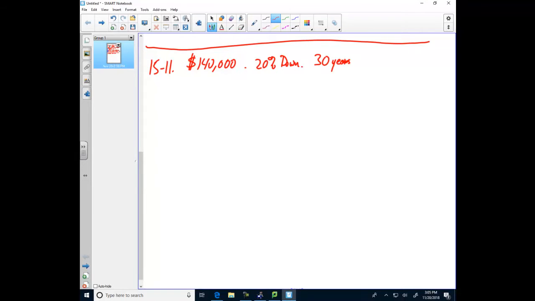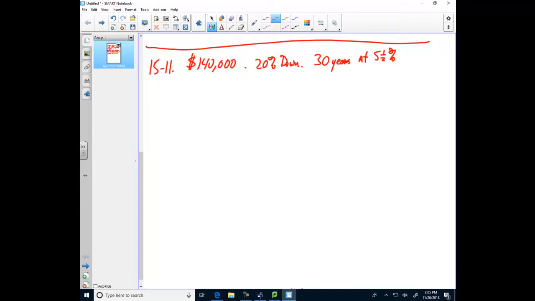Death. 40 years at, and what was the percentage? 5%. 5.5. Okay. And what else are we told here? We want the monthly payment, total interest cost, etc.